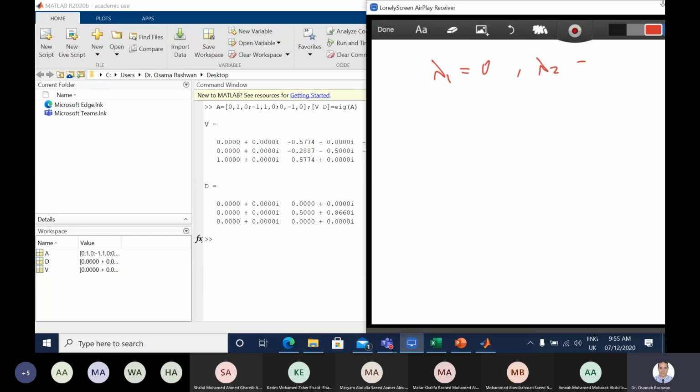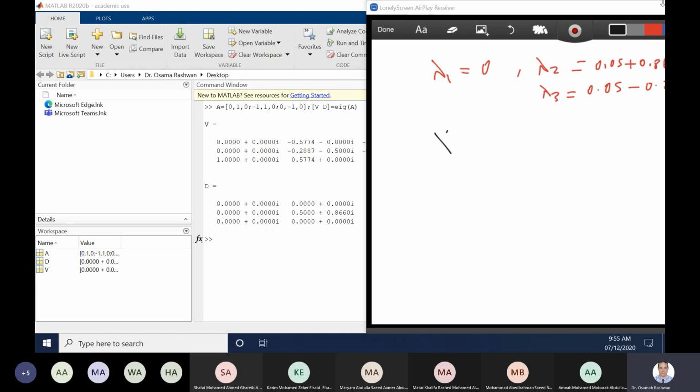Lambda 2 equal to what? 0.5 plus 0.866i, and lambda 3 of course will be the same but with negative for the imaginary part. Okay, these are the eigenvalues.